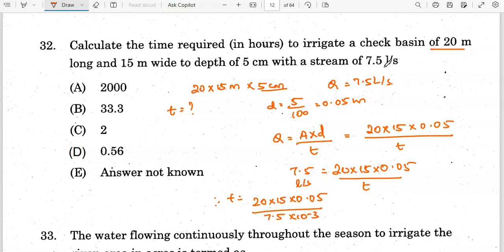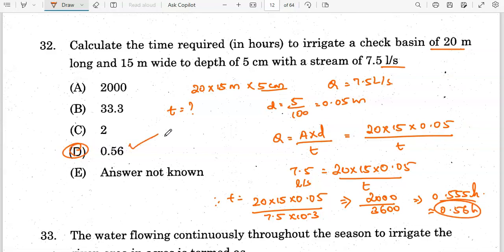Here the question they had given in liter per second, we want to convert this into meter cube per second. So when you solve this, you can get the answer 2000 divided by 3600, which is nothing but 0.55555 hours. So moreover, it is equal to 0.56 hours. Option D is the correct answer.